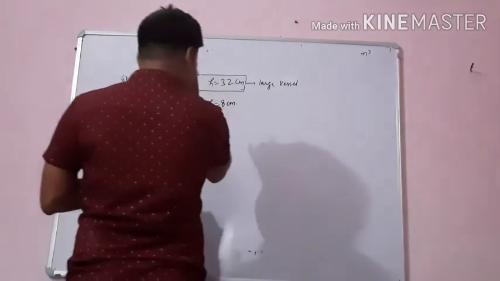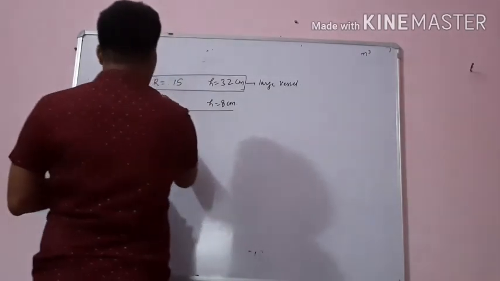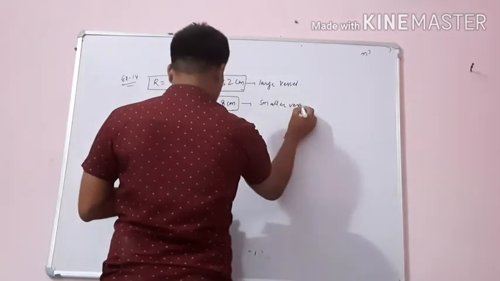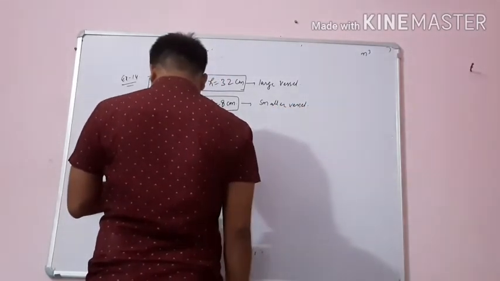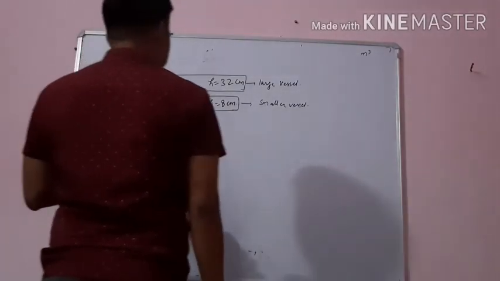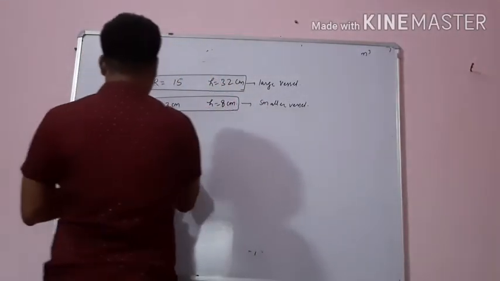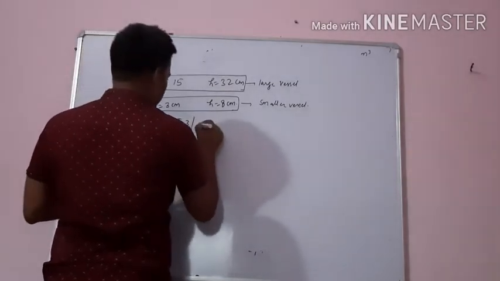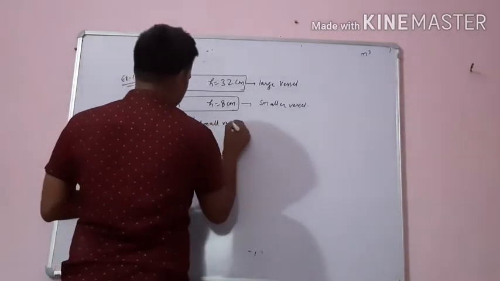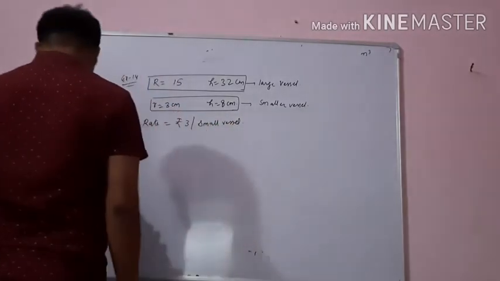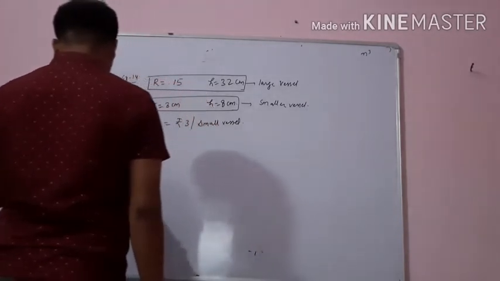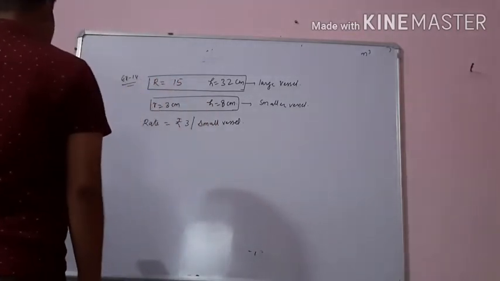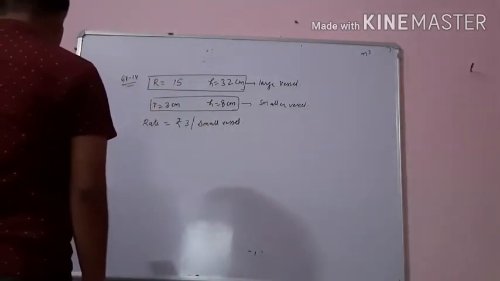This is the dimension of the smaller vessel. Sold for 3 rupees each. Now rate is given, rupees 3 per small vessel. How much money does the stall receive by selling juice completely? Now we have to find how much money the shopkeeper gets by selling this.